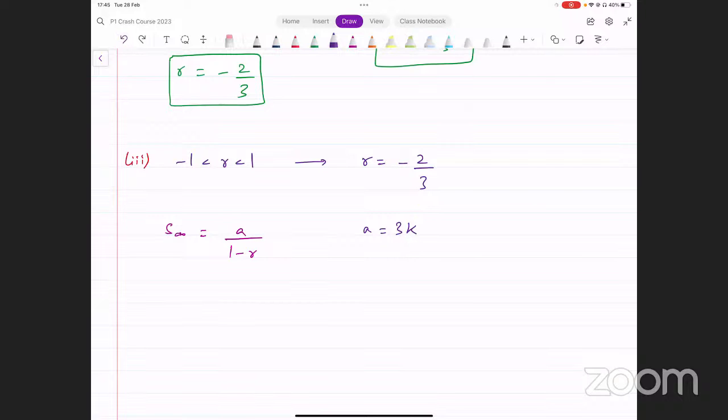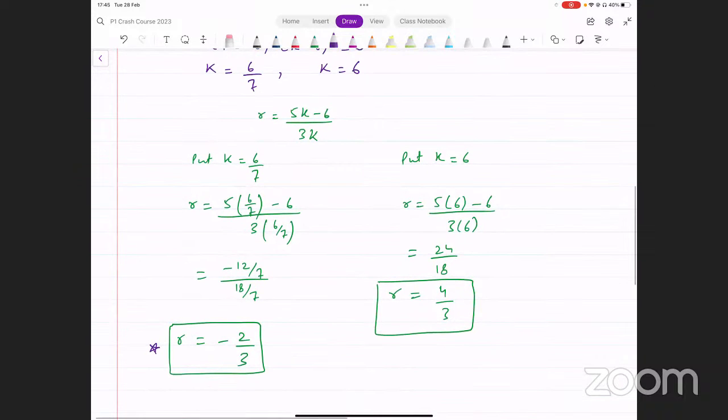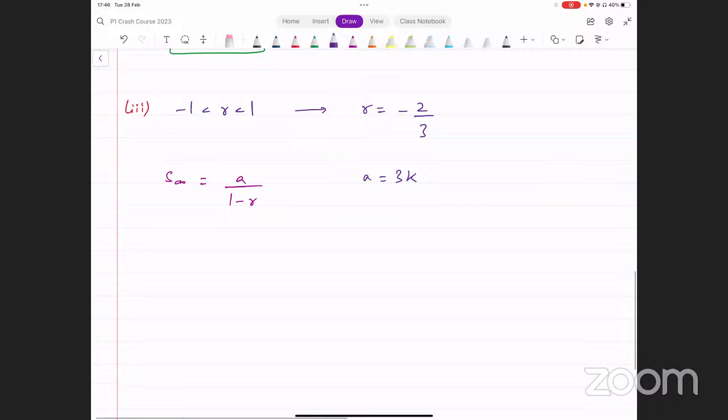You use the value of k that is giving you this ratio. So which value of k is this coming from? It's coming from k equal to 6/7. Let's input that here. So it's 3 into 6/7, and that is 18/7. This is the first term.